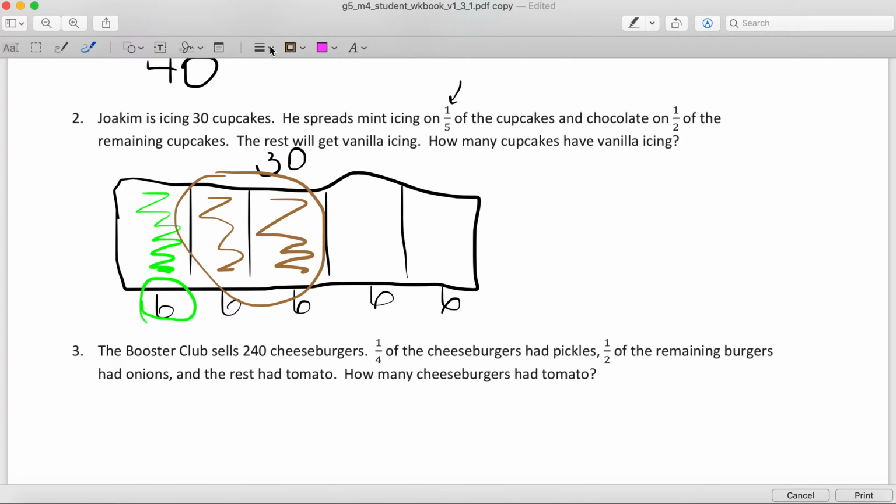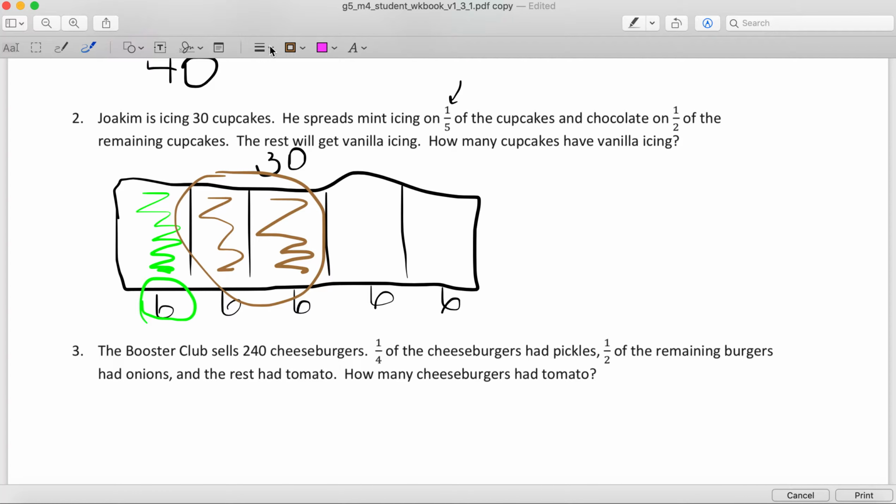So if I divide each part by 2, then let's see how much I have left. 1, 2, 3, 4, 5, 6. Well, it's very easy then to take half of 6. Okay, so half of 6 is just 3.